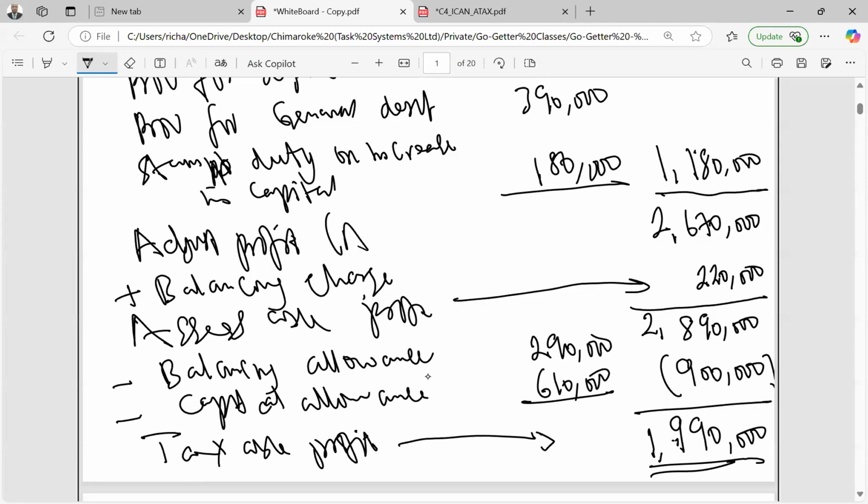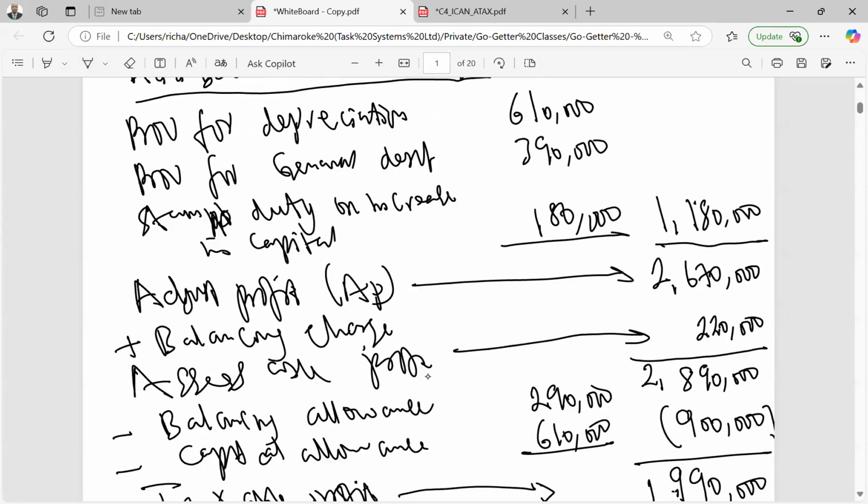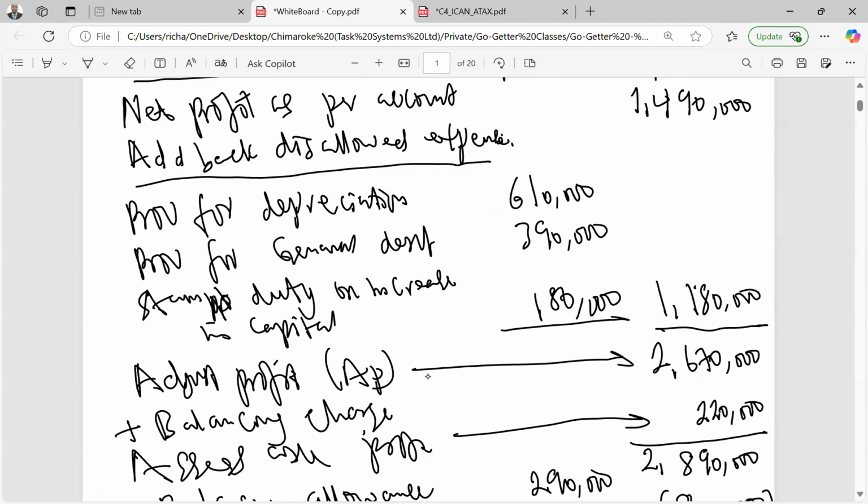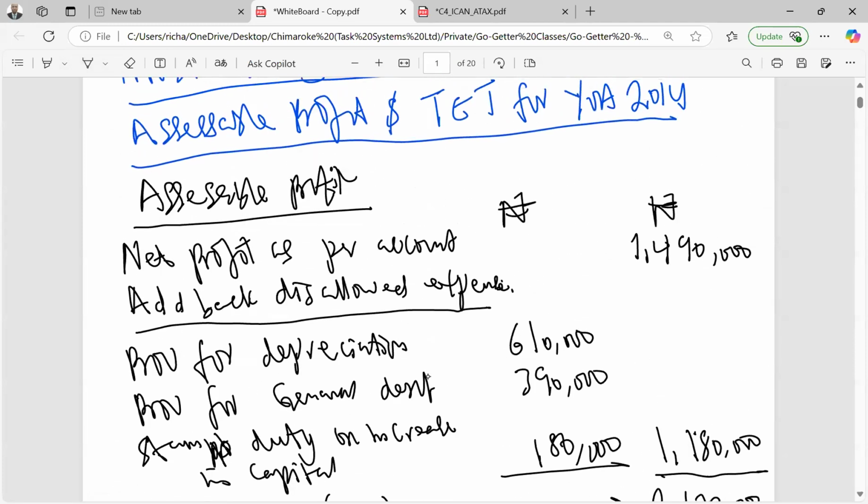This also is your assessable profit. So what we are asked to do here is to look for assessable profit. That's what the question is asking us. Looking for assessable profit and TET.